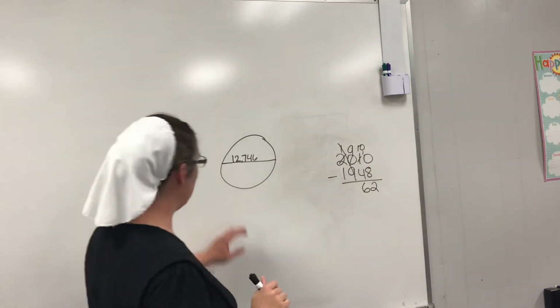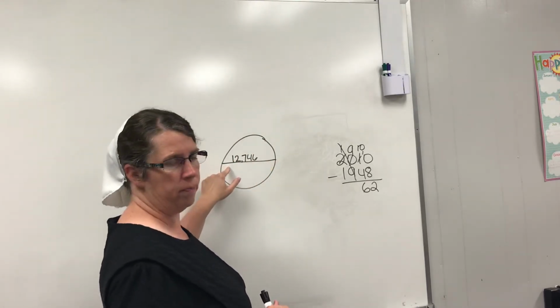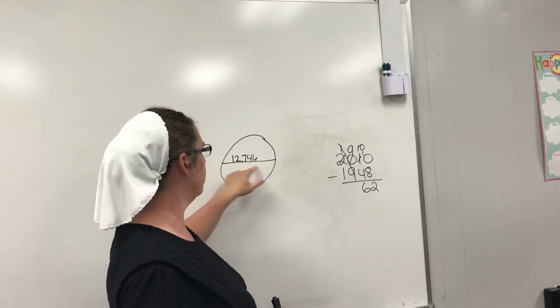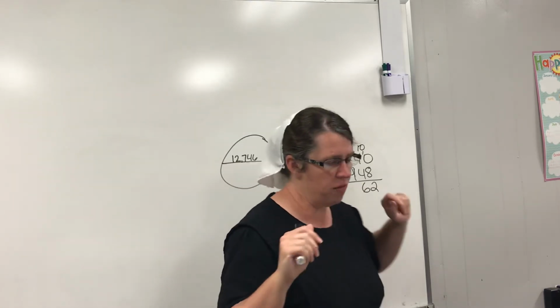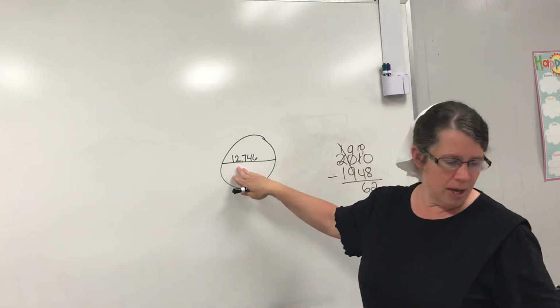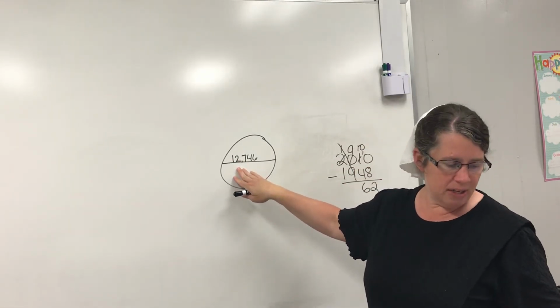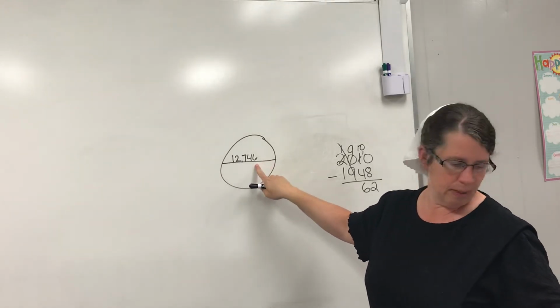All right, go down to number 4. The Earth has a diameter. Remember, diameter is the whole line across a circle. It's the straight line from side to side. Earth has a diameter of 12,746 kilometers. The largest planet, Jupiter, has a diameter 11.2 times this.